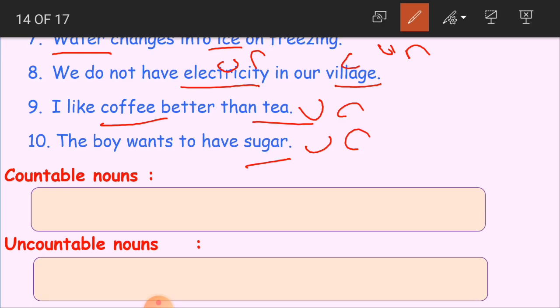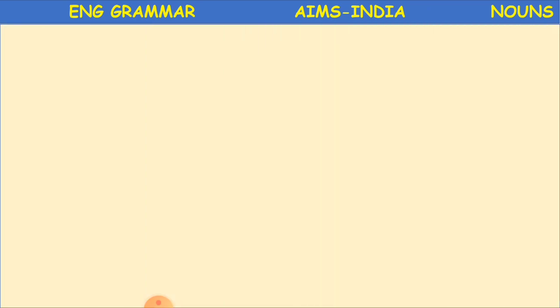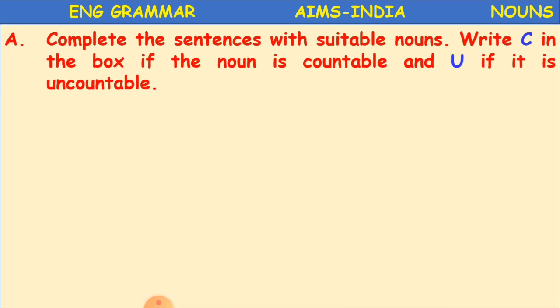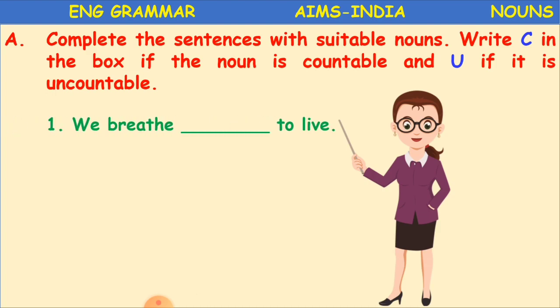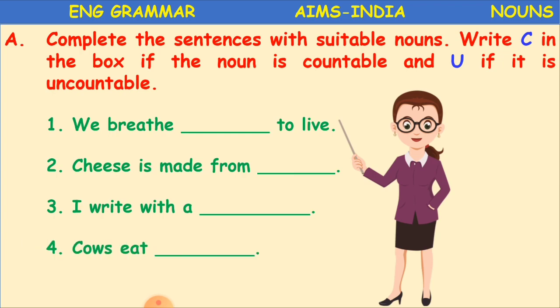Okay, clear? I am asking you to do some exercises as homework here. I am not going to give you the answers here. Just take a book and pencil and start doing these exercises as your homework. Complete the sentences with suitable nouns. Write C in the box if the noun is countable and U if it is uncountable.